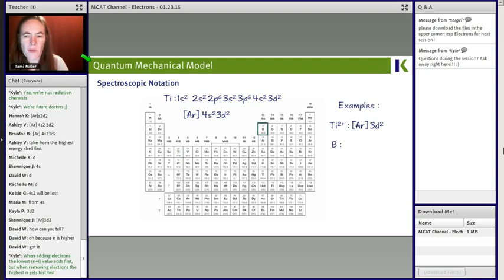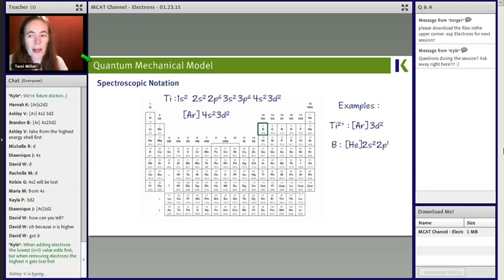Let's practice with another one. So boron here. When we look at boron, we have helium plus 2s2 and 2p1. How about Ga down here? That's a weird one. We don't use that very often. Give me that one. Go ahead and start with your argon. Let's do the shorthand as short as we can make this.